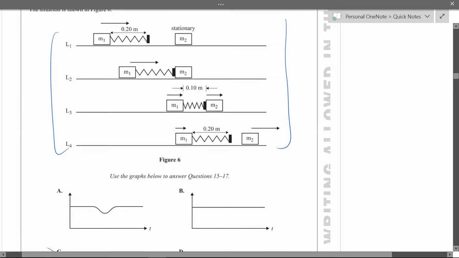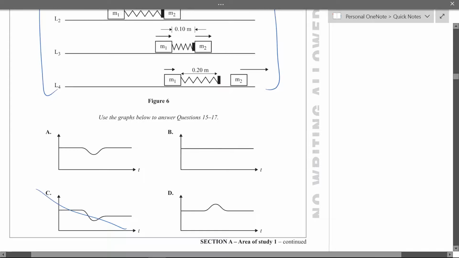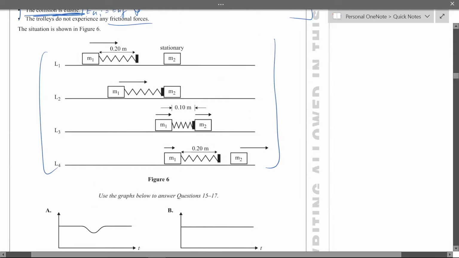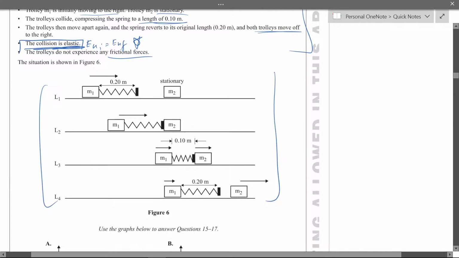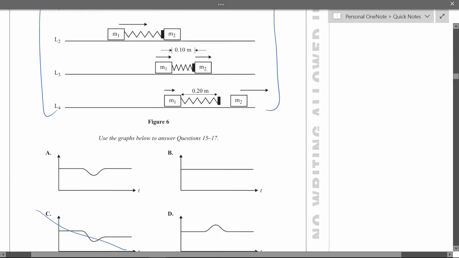But the thing to note is that when they compress, the trolleys slow down a bit, because at this point, where the spring was compressed, some of the EK is converted to ES, and then when the spring doesn't extend anymore, the ES is converted back into the EK.